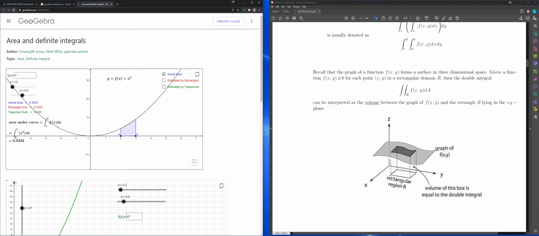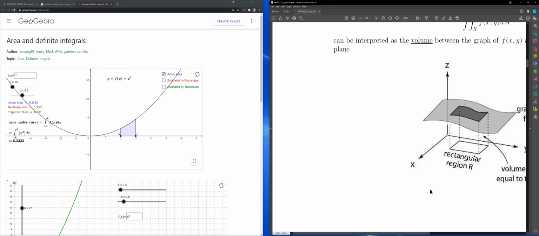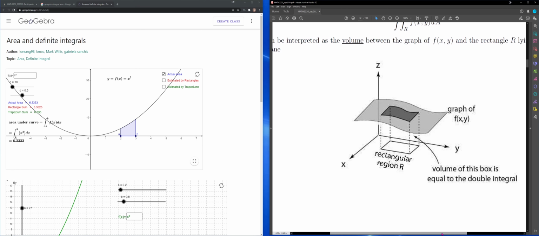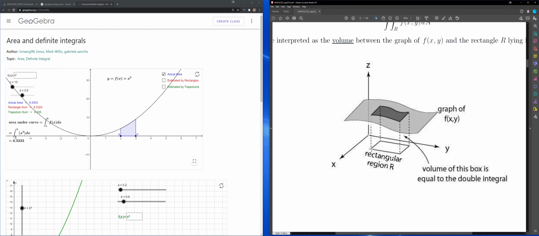I'm saying what I'm doing is integrating over a region R in my xy plane. So you're going to take this region now and push it up. One easy way to see it is you just take the four corners and push them up until they hit the graph. You see the four corners coming up along this dashed line over here to hit the graph.